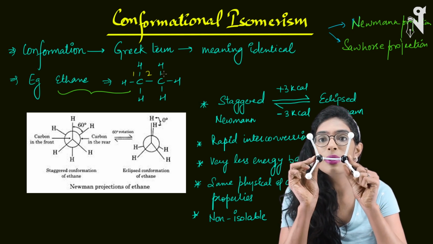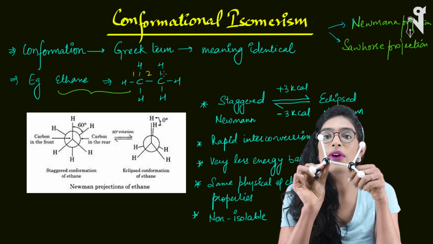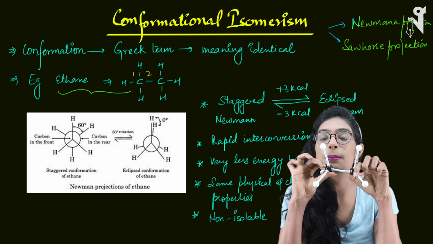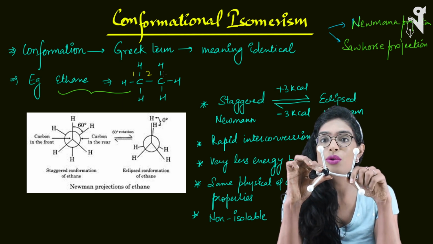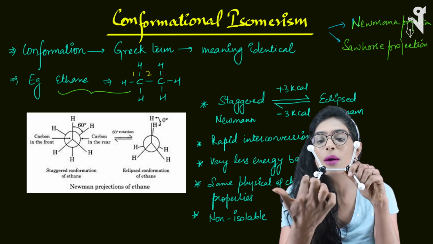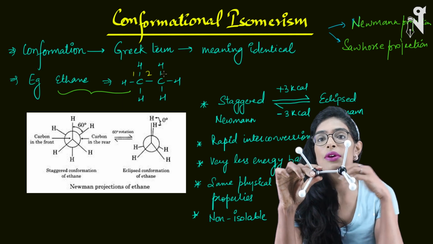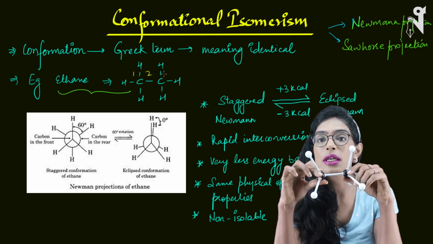Here is the center carbon, and these are three hydrogens. Right now you are the viewer looking at both of these carbons; this bond is coming towards you, this is away from you, and this is in the plane.